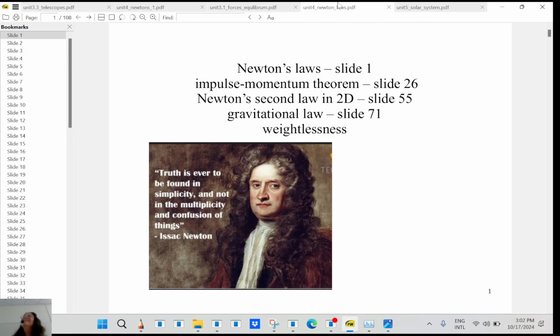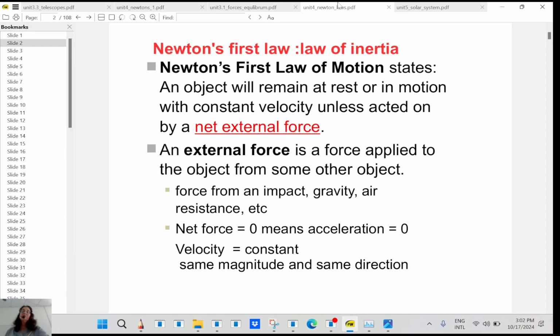So any question? Okay, so let's go to the second part, which is about Newton's laws. It's much easier if you pay attention because it's mostly conceptual. Okay, so you have three laws of motion: the first law, the second law, and the third law.